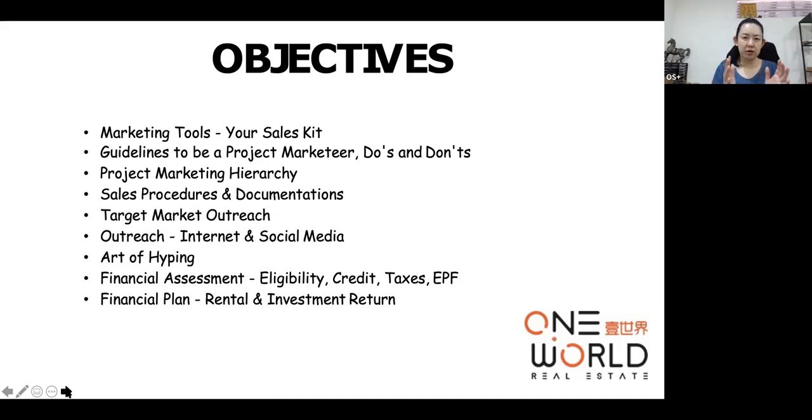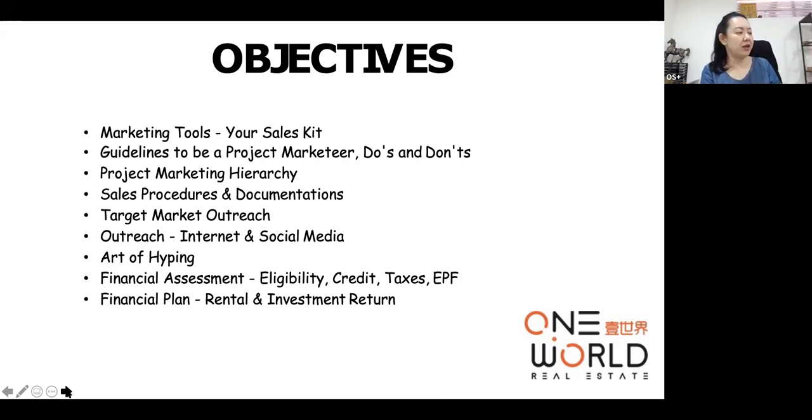Basically, the developer always prepares a project briefing, something like this. This is one of the projects called Nexus, at Jalan Ampang. The developer has a very thick sales brochure, and sometimes the brochure can be used as a project sales kit as well.